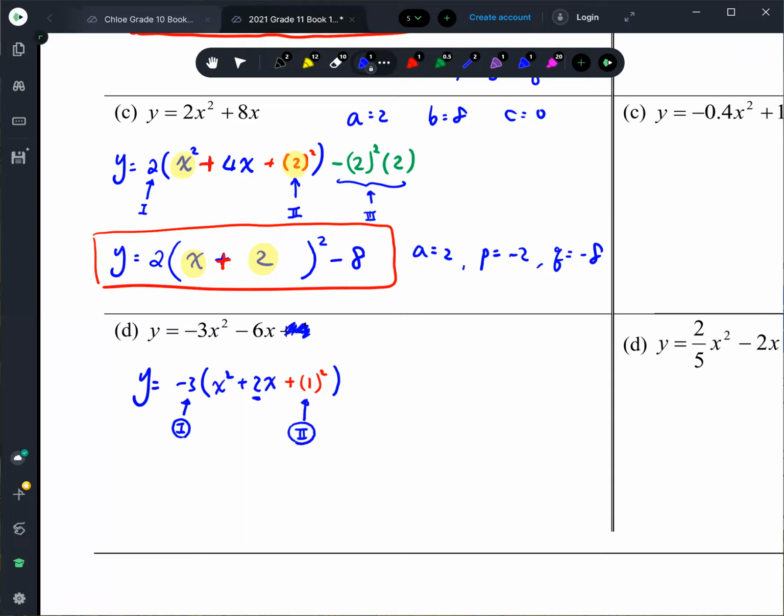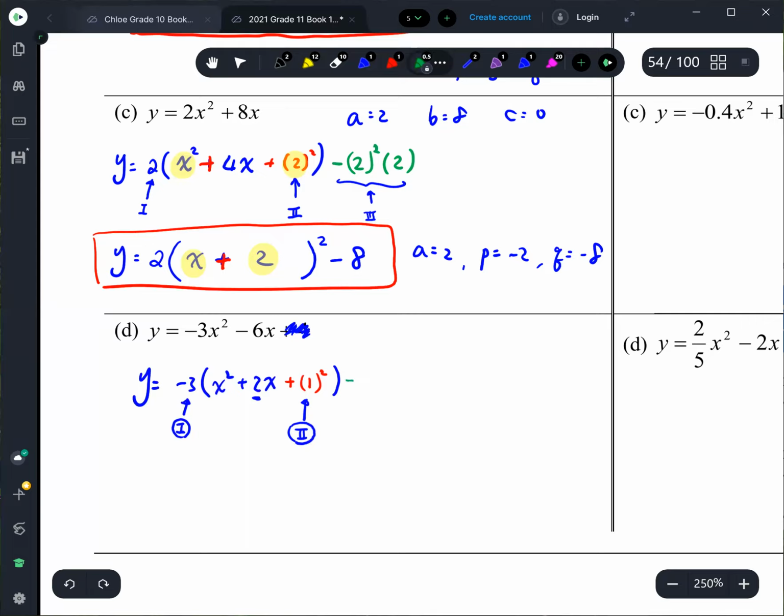Step 3, what is step 3, Aaron? For the outside, you have to balance. Yeah, balance what you added in, right? So what do we do to balance? It's plus 1, like 1 squared, and then wait, is it plus 1? Or like minus? Inside the bracket you have plus 1 squared, so you need to balance. Oh, yeah, minus 1 squared. Yeah, what else? I'm pretty sure you multiply by 1.